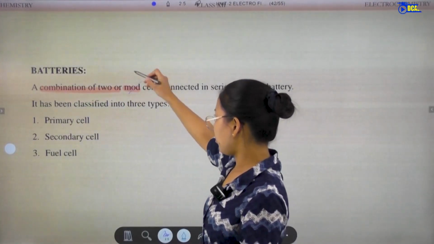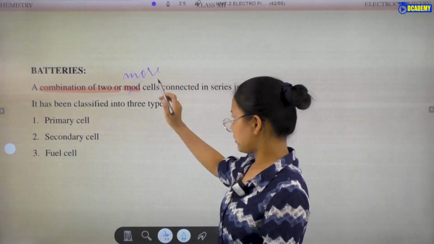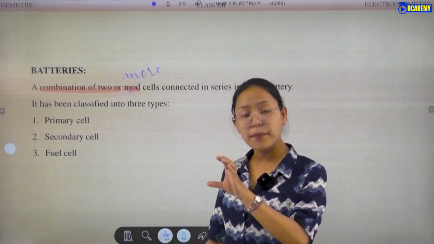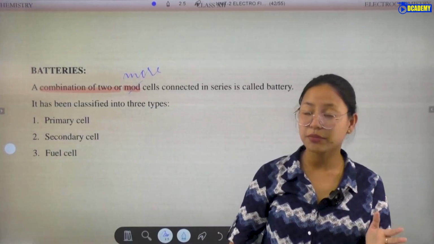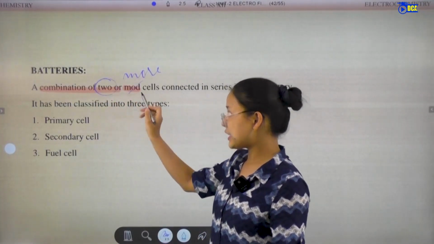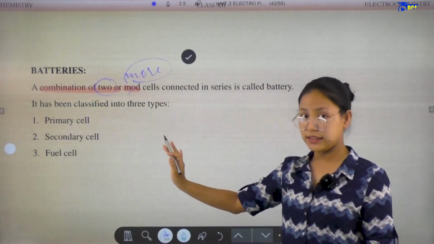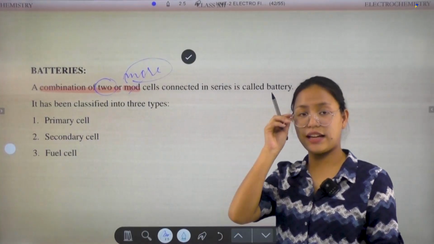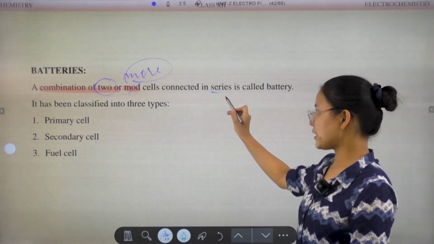That means two or more cells connected in series.